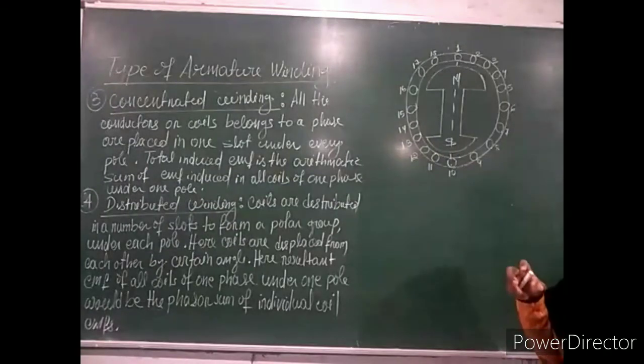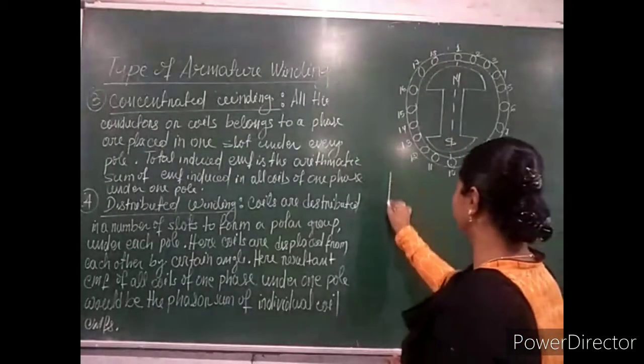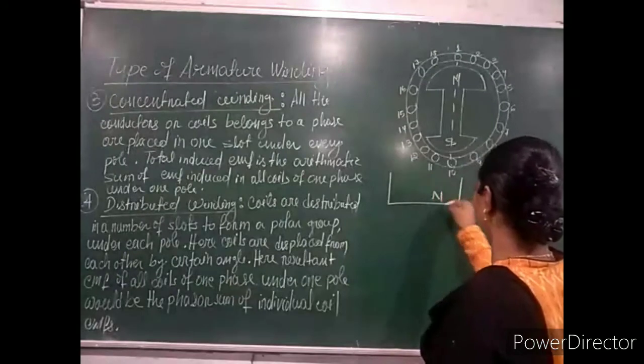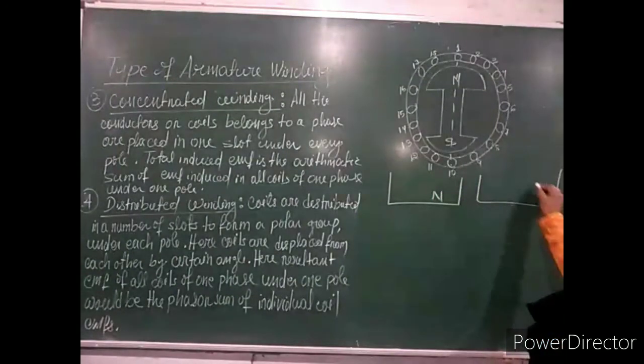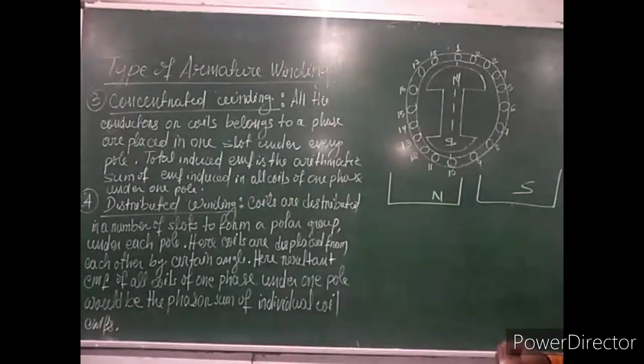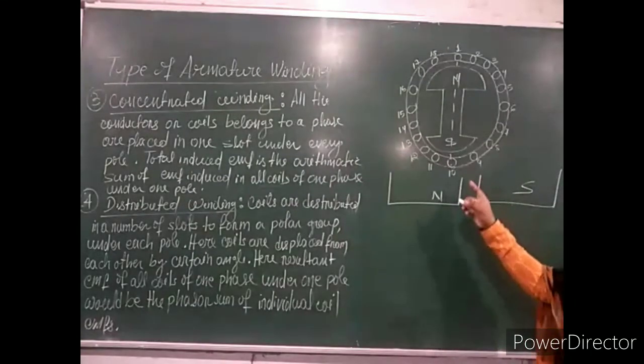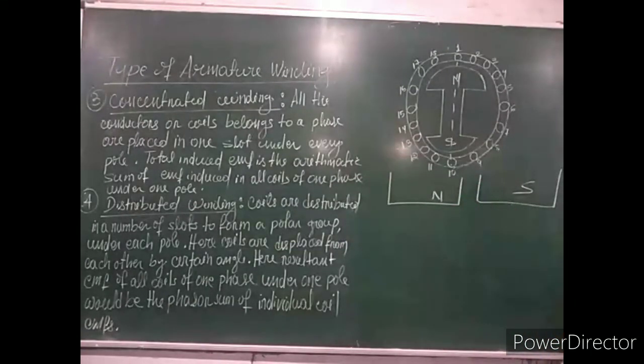So how many slots come under each pole? Here I take 2 poles, north pole and south pole. So how many slots come under each pole?